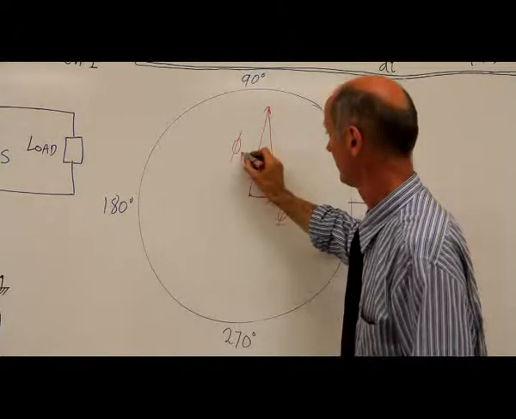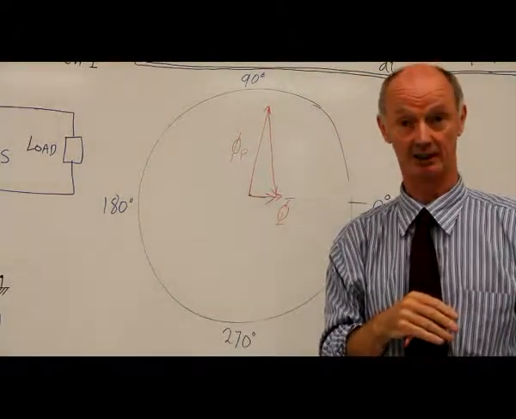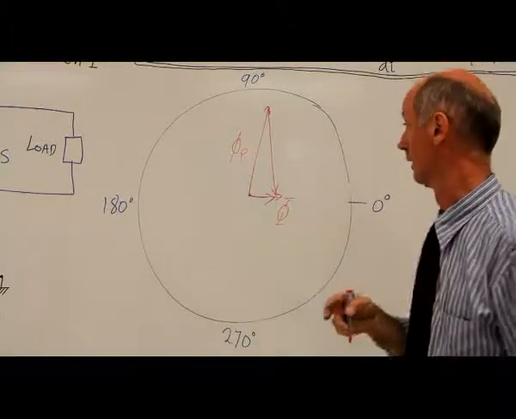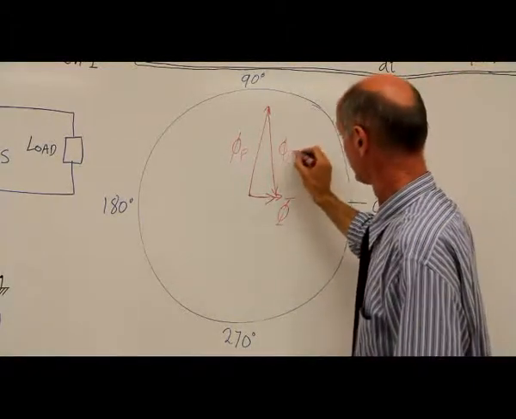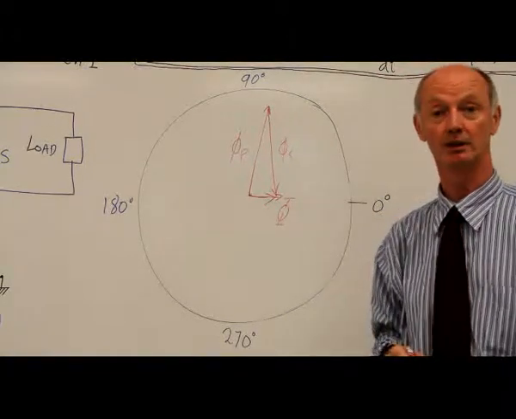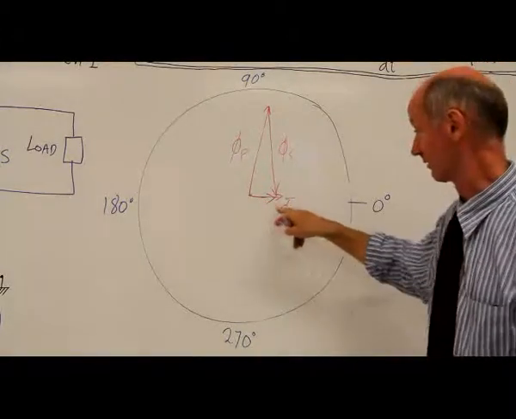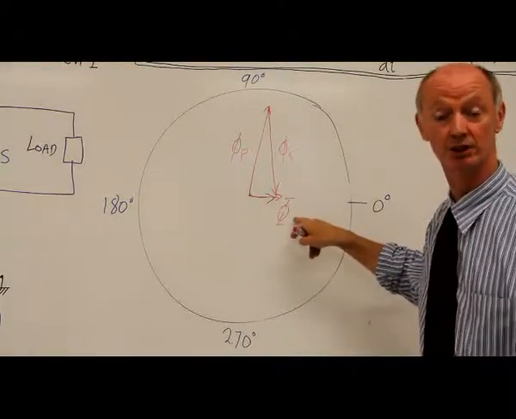There is the phi that we would get if only the current in the primary were acting on the magnetic core. And here is the phi in the secondary, and it's almost equal and almost opposite in phase. And that produces a resultant phi here, which is what induces the voltages.